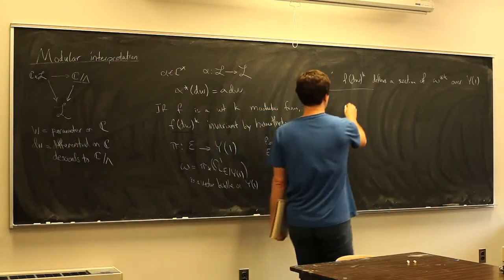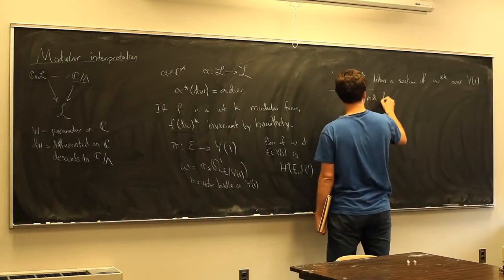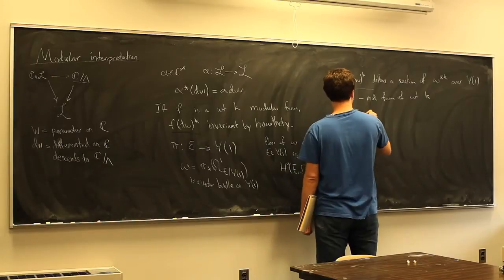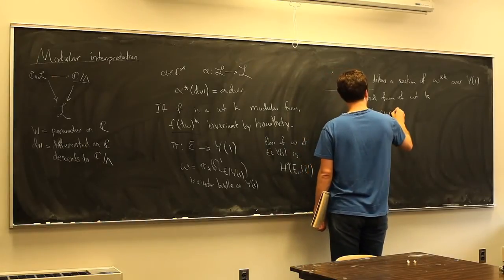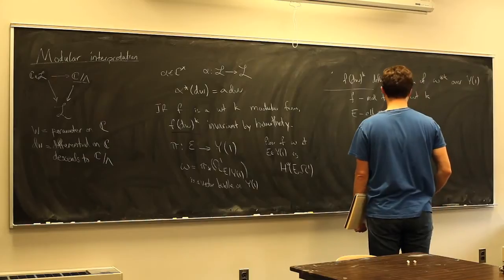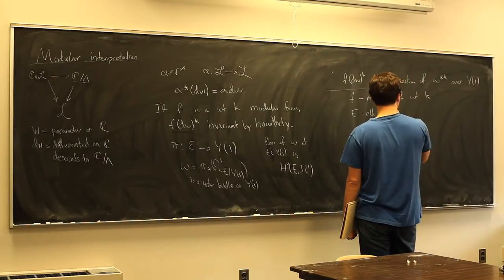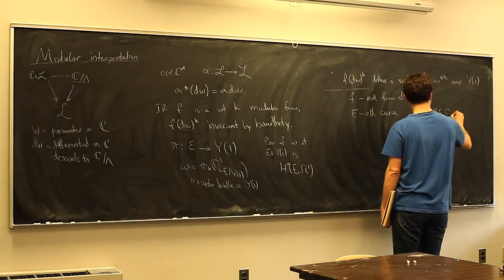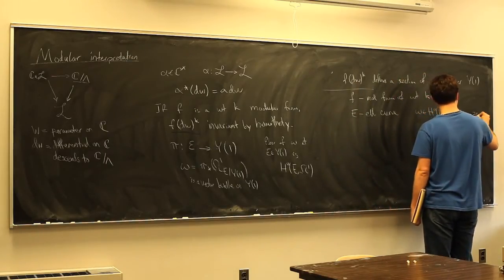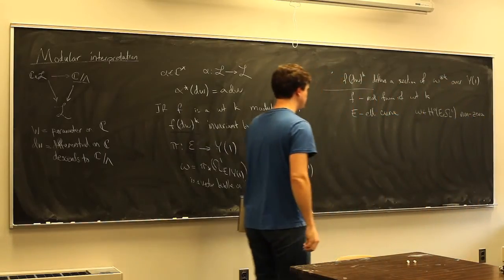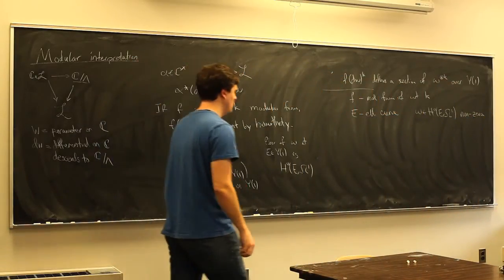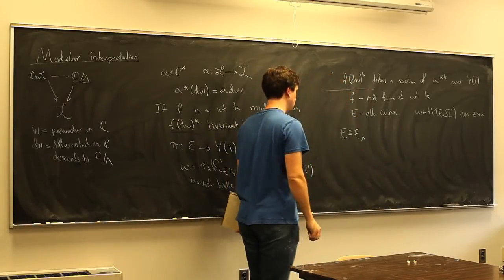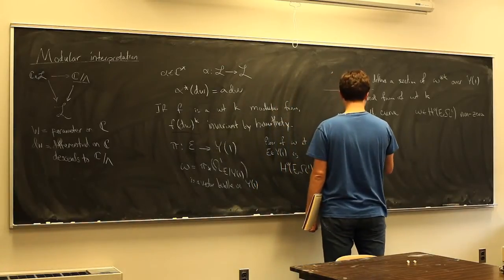So suppose we have a modular form F of weight k, and E is some elliptic curve, and suppose we have some non-vanishing one form on E, which unfortunately I'm going to call omega. So I can pick an isomorphism of E with some E lambda, I mean C mod lambda.